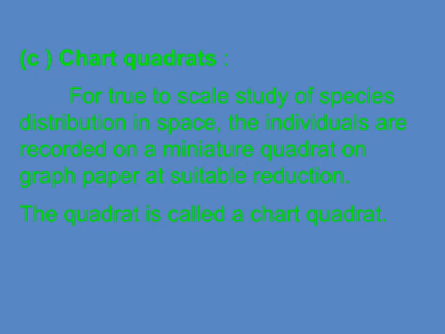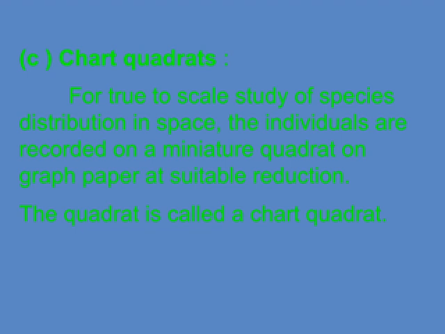Let's talk about chart quadrats. When we want to study species distribution in a way that's true to scale, we need a method to record individual organisms accurately. That's where the chart quadrat comes in. Essentially, we use a miniature quadrat on graph paper, which is scaled down appropriately to match the actual size of the area we're studying. This allows us to document precisely where each organism is located within the quadrat.